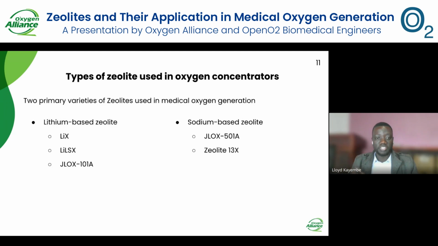But the key difference lies in the type of cation trapped within the zeolite framework. In sodium-based zeolite, sodium ions occupy these spaces, while in lithium-based zeolite, it is the lithium ions that occupy the spaces within the zeolite structure.